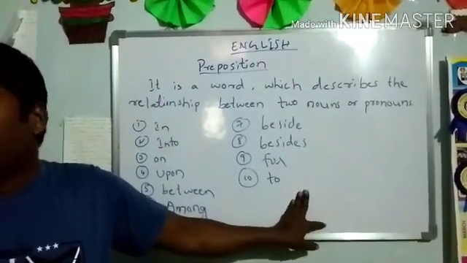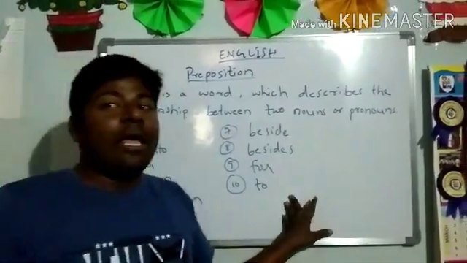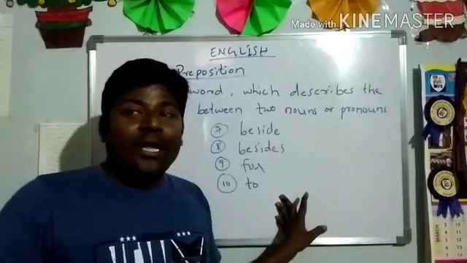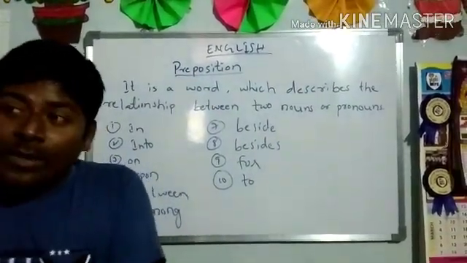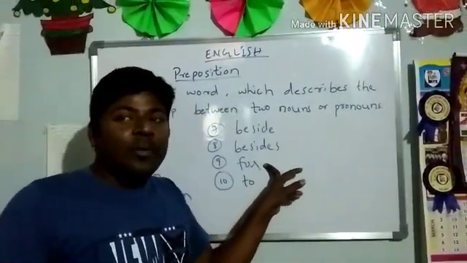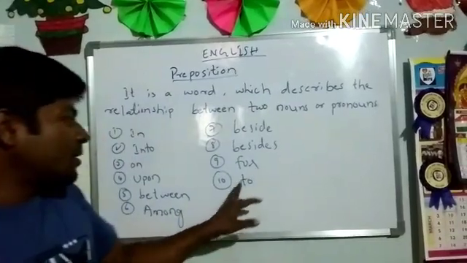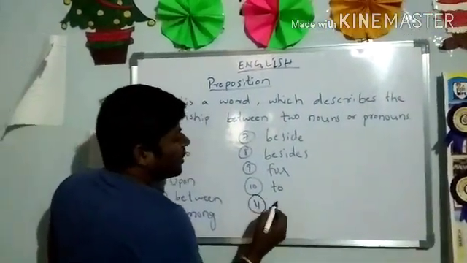He is going dash school. He is going to school. He is going to school dash education. Which purpose? For education. So at the time when we talk about the purpose, we use for preposition. And if there is no purpose, then we can use to preposition.